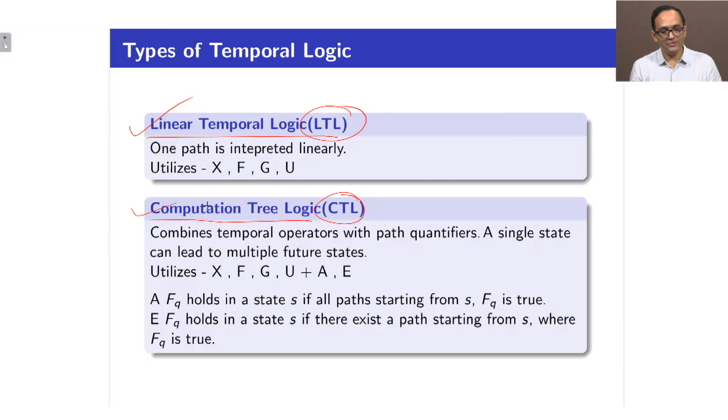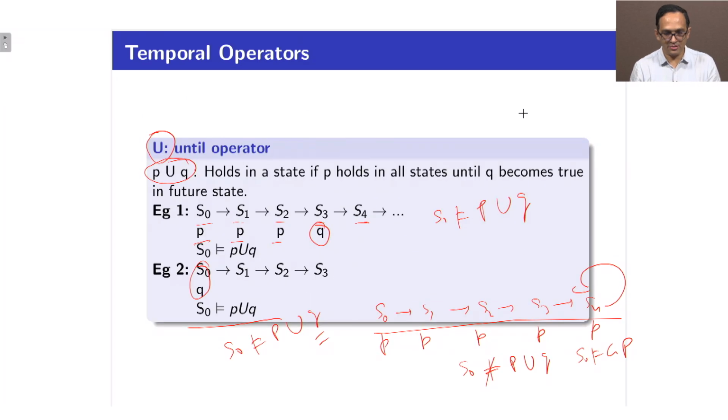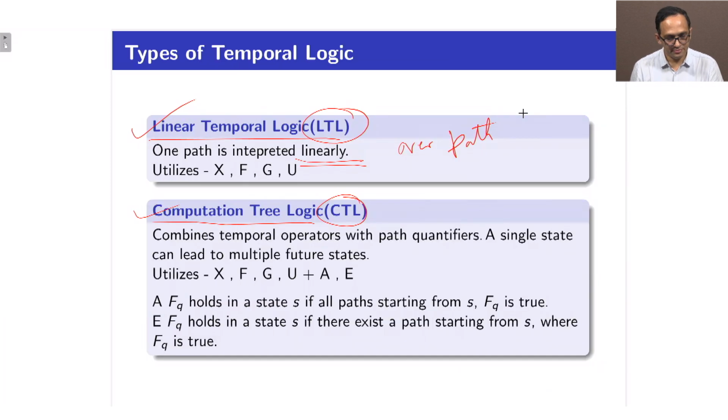LTL is defined linearly, because it is a linear temporal logic, it is over a path, right. Whatever I have discussed so far, I am defining only one path, right. So, these are all LTL properties, and for that the 4 operators that I have talked about, just X, F, G and U, are sufficient.